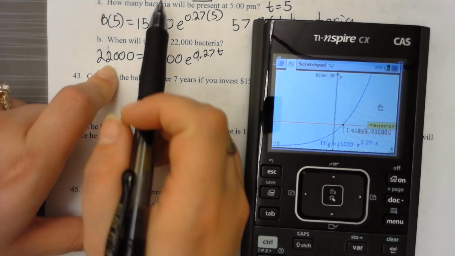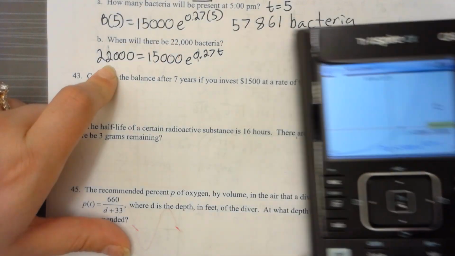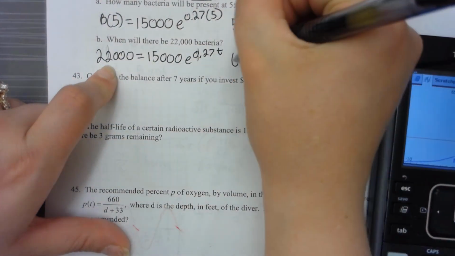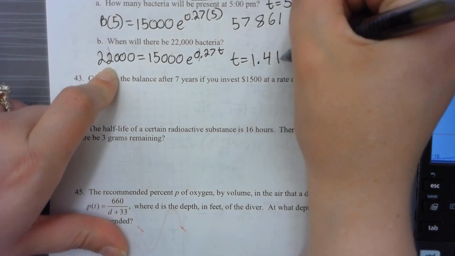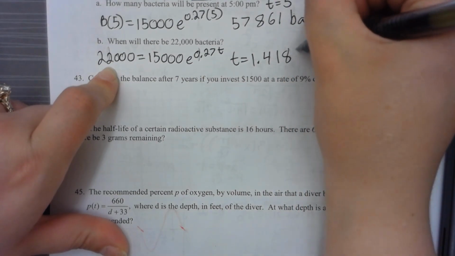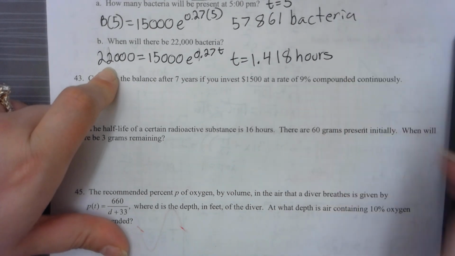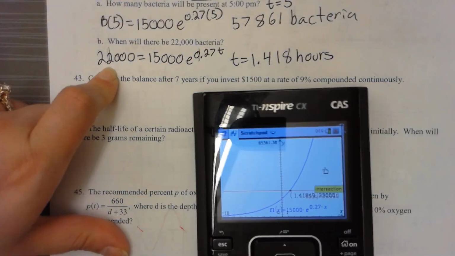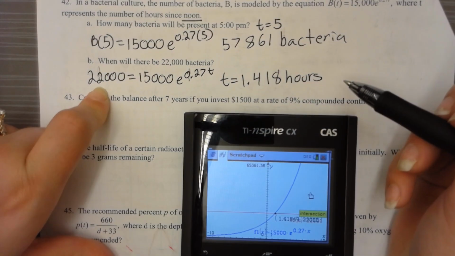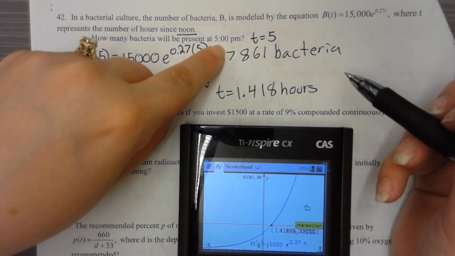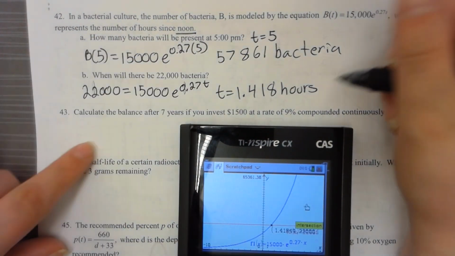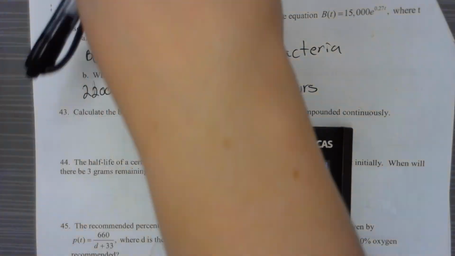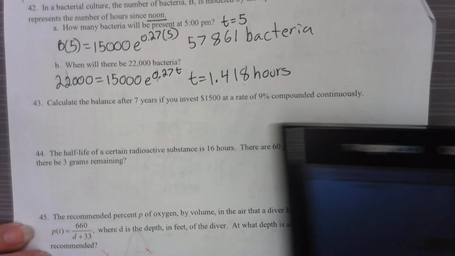Again, T is the number of hours since noon, so T would be 1.418 hours. And so that could be our answer, or it could be asking like the actual specific time, which in that case it would be, well, actually no, I'm just going to leave it like that.